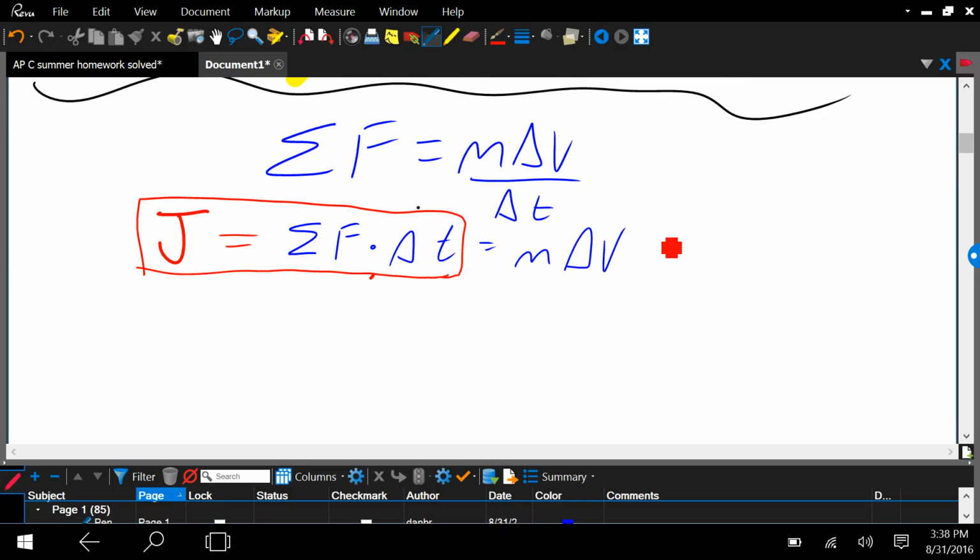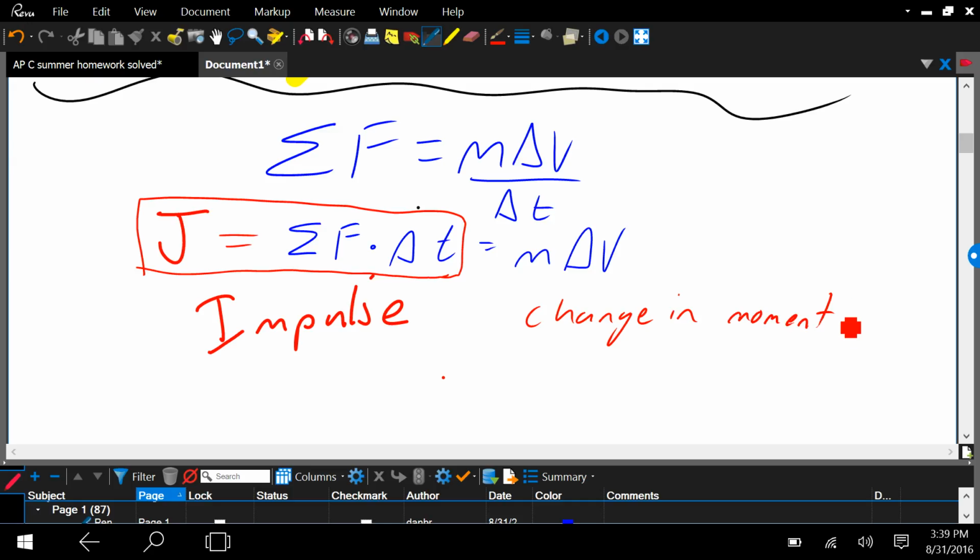So m times v would be momentum. This would be the change in momentum. So we have something here called our impulse, that's this side of the equation, and over here is our change in momentum. We'll call it our impulse momentum theorem, that the net force times the change in time equals mass times change in velocity.